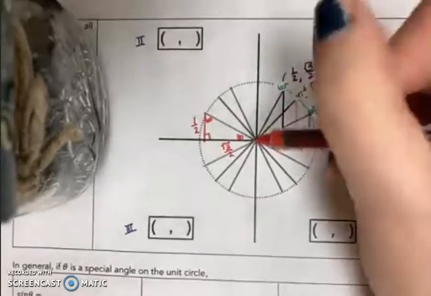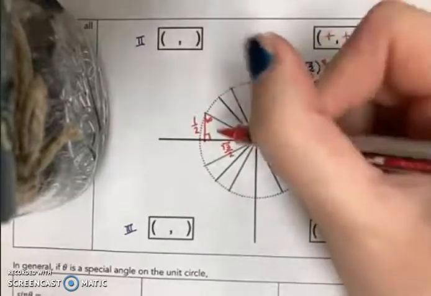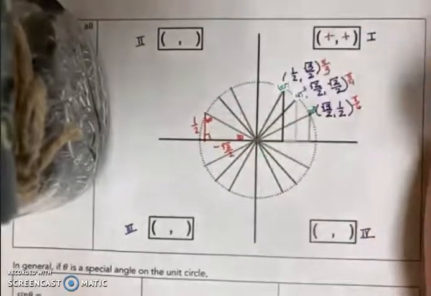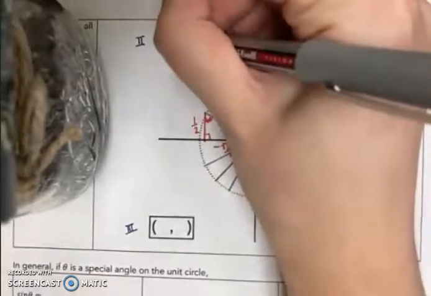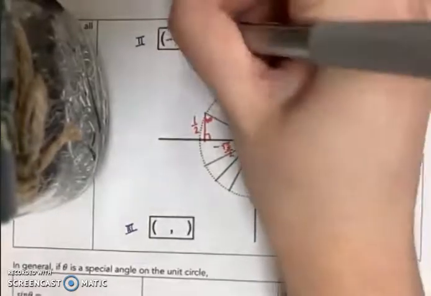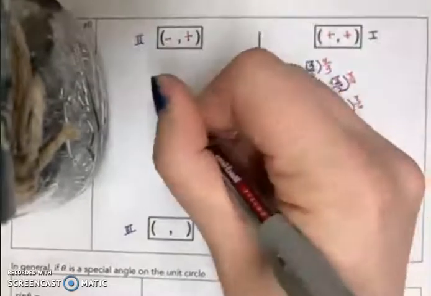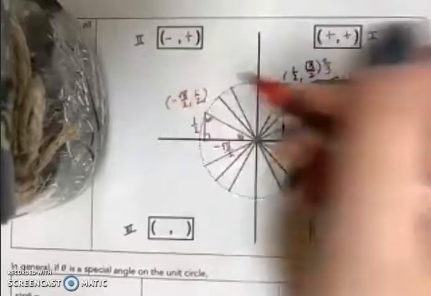But I've moved left and up. Left is a negative movement. Up is a positive movement. So my x values in quadrant 2 will be negative, and my y values in quadrant 2 will be positive. So the coordinate here would have been negative root 3 over 2, 1/2.